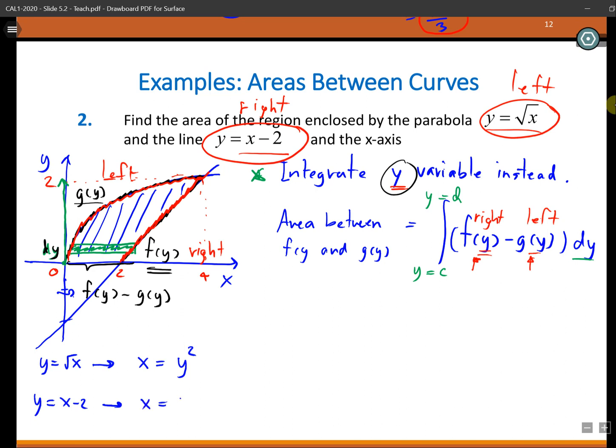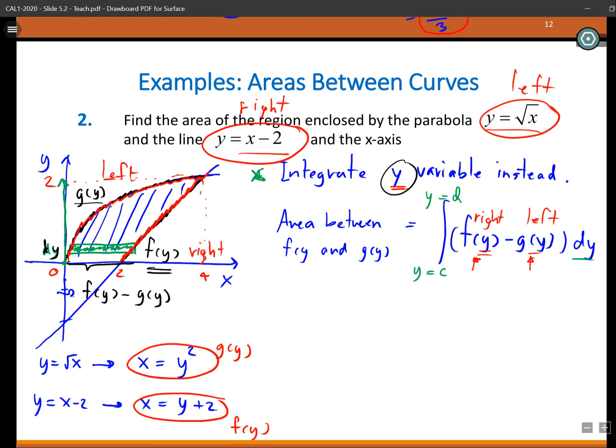You have y plus 2. And this straight line, the one on the right hand side, is f(y). This parabola on the side is on the left, so this is g(y). Now we know f(y) and g(y).